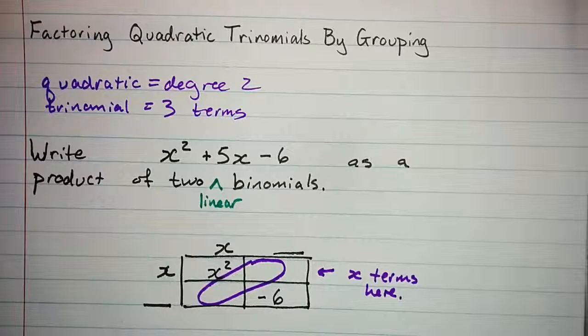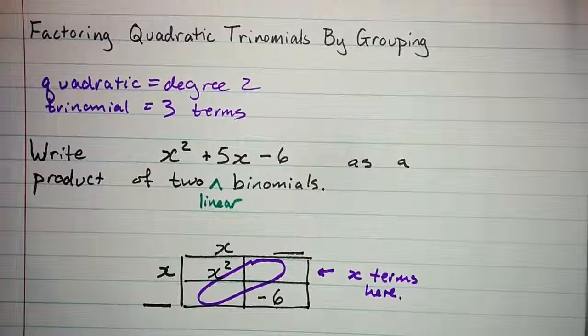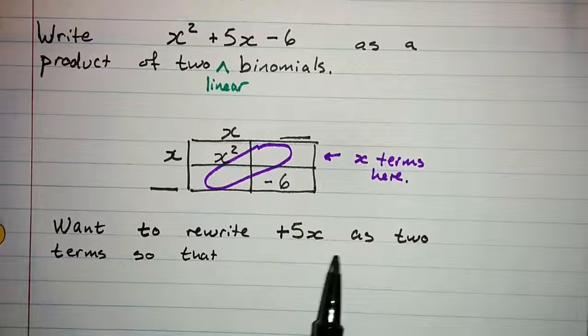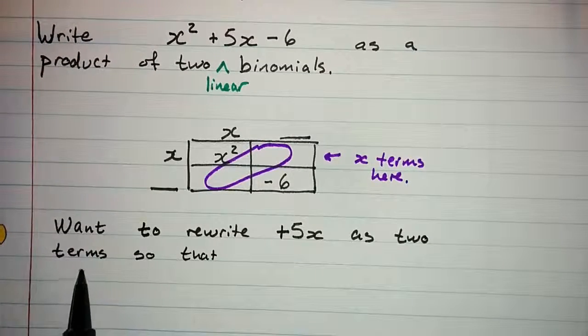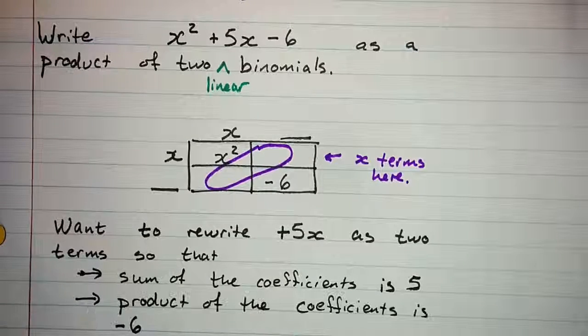But wait, this coefficient will be just this number. This coefficient will be just this number. So what we really want here is 2 terms where the sum of the coefficients is 5, and the product of the coefficients is -6.